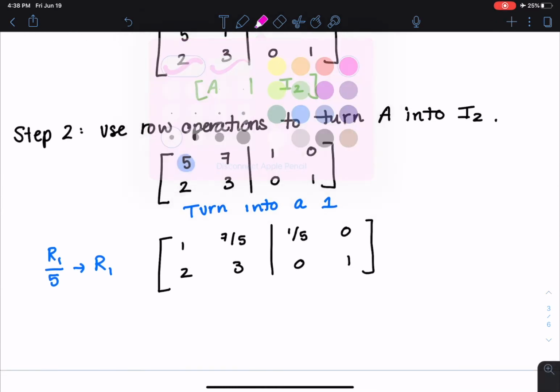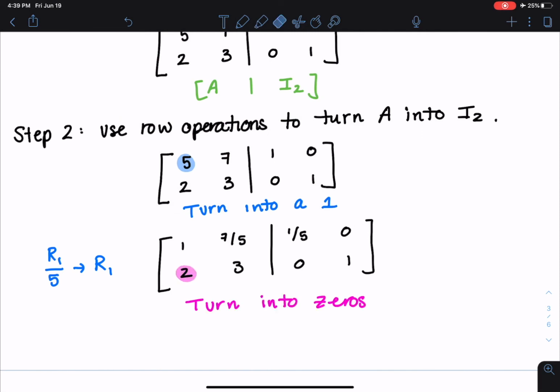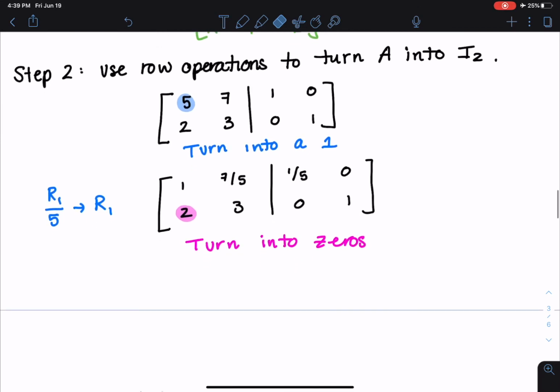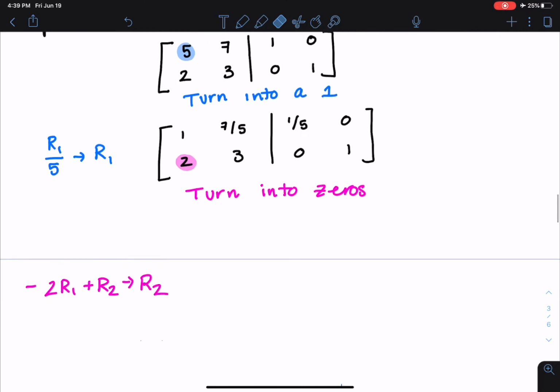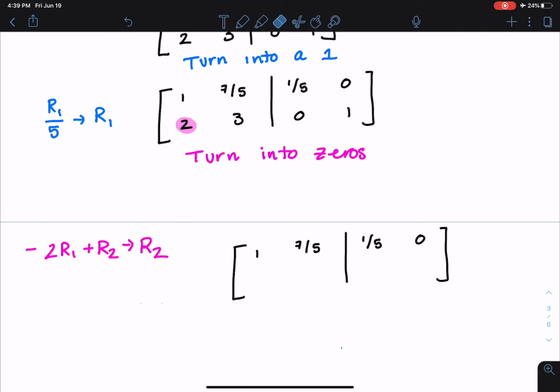After you turn that element to a 1, you turn everything underneath it into zeros. So we turn these into zeros. I need to go through a matrix operation. I want to take -2 times the first row, add it to the second, and it'll be my new second row. So really, my first row is going to stay completely untouched. And I'm going to go ahead and do this actual operation off to the side. So I want to take -2 row 1, add to it row 2, and that's my new row 2.